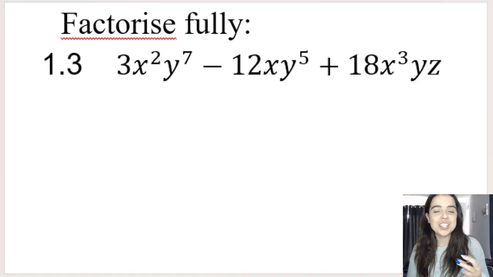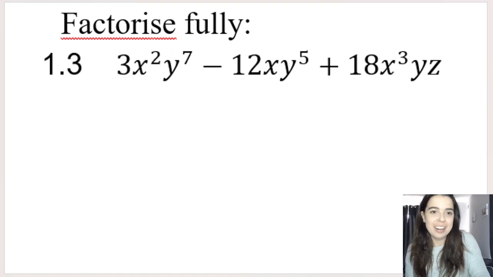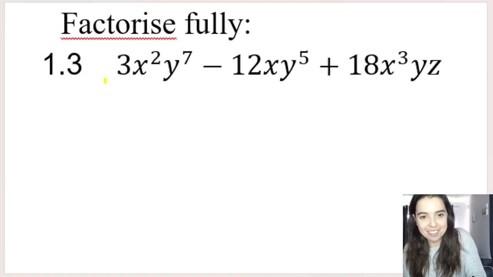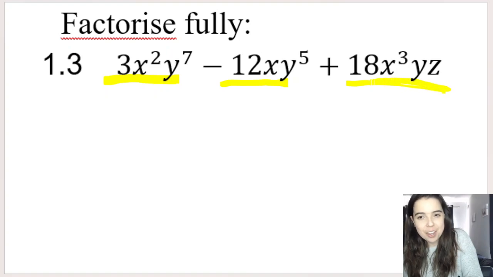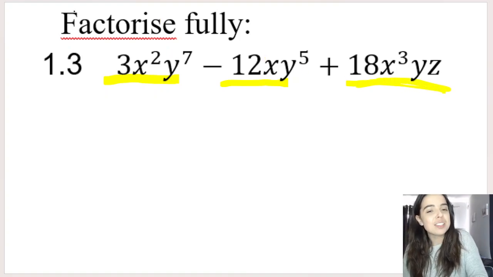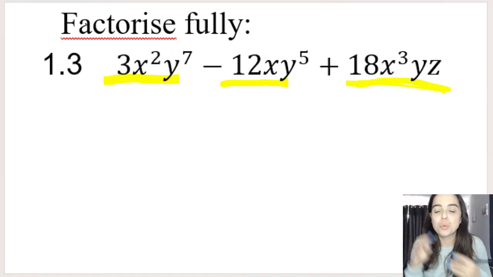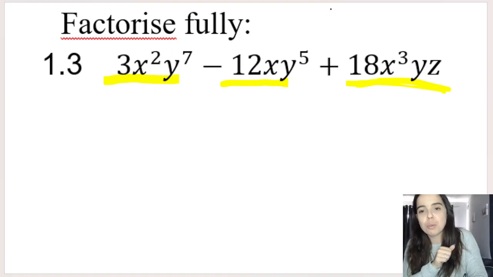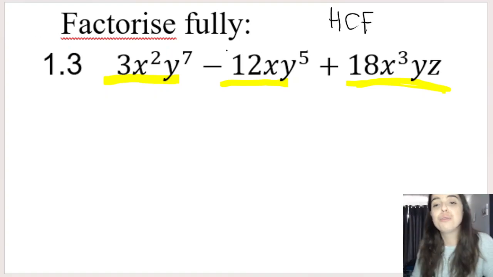Well, my next question looks crazy. Let's first look at how many terms I have. So I have 1, 2, 3 terms. Okay, it's not that bad. When we factorize, we know we're going to make brackets. We're going to take out highest common factors. So always start with highest common factor first.